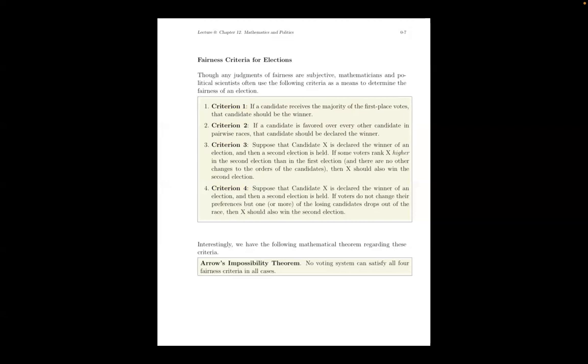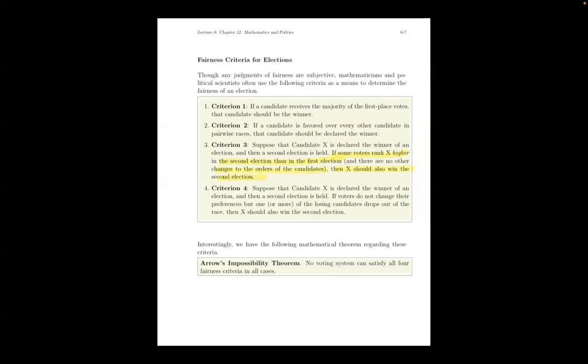So criterion 3: suppose that candidate X is declared the winner of an election and then a second election is held. This gets a little bit more abstract. If some voters rank X higher in the second election than in the first, in other words, X gains some ground with voters, and there are no other changes to the orders of the candidates, then X should also win the second election.